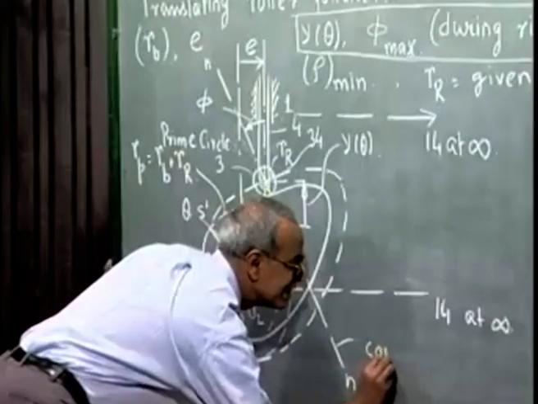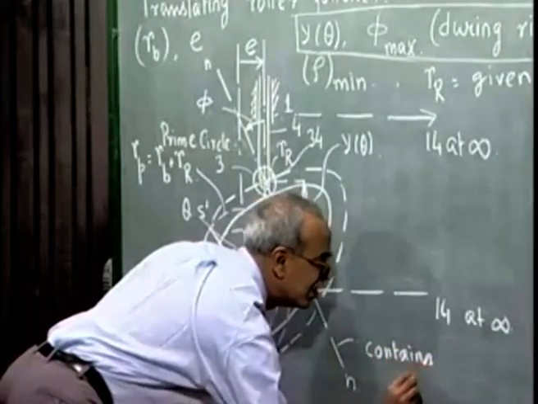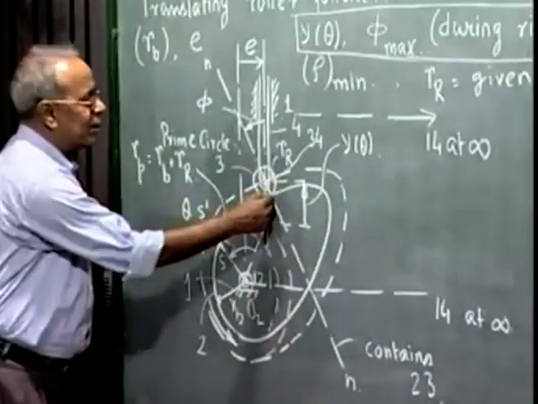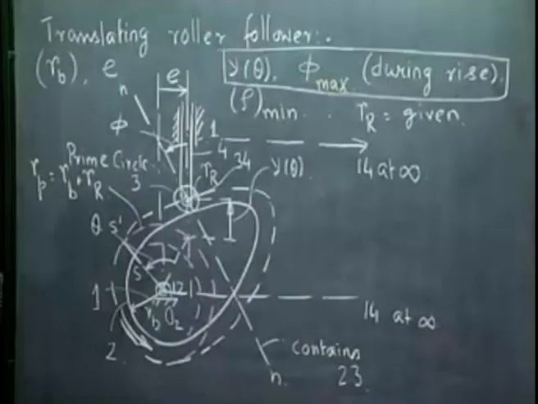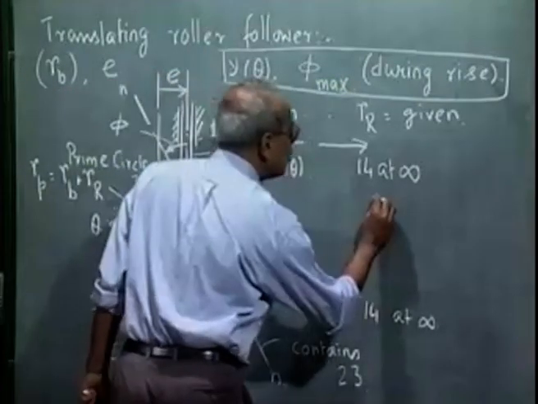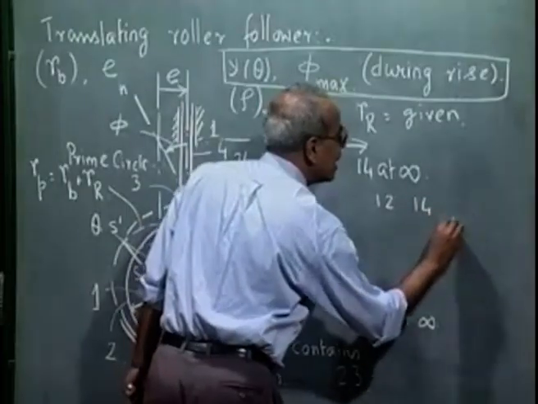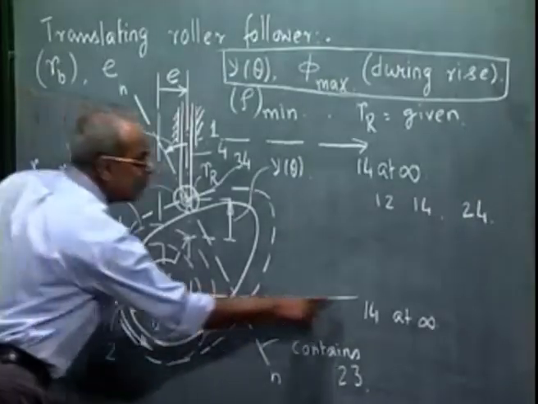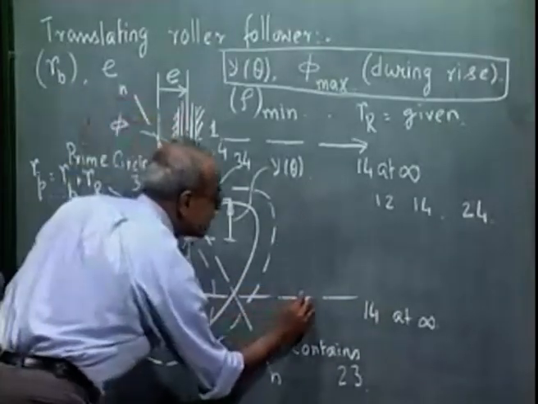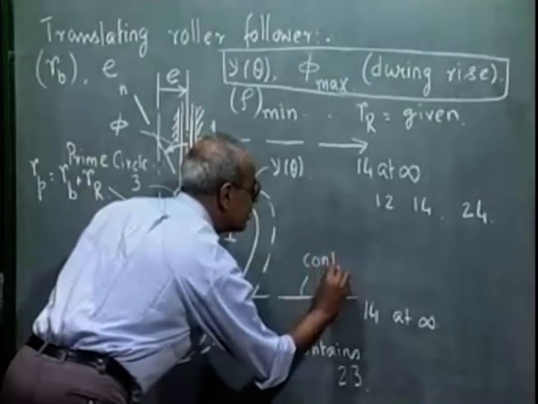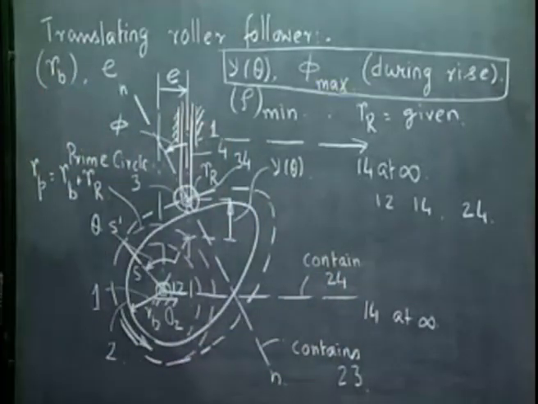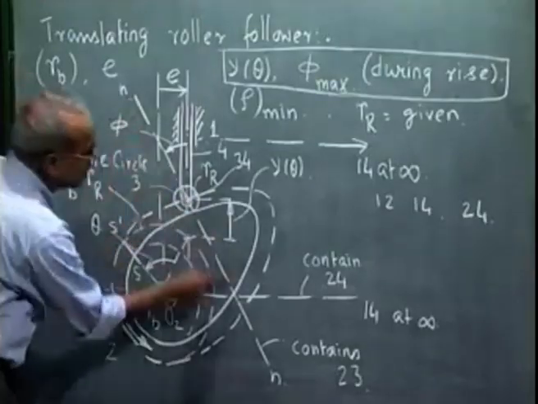This contains 2, 3. Where exactly it will be located on this line NN will depend on the amount of slip that is taking place. But now let me apply the Aronhold-Kennedy theorem: 1, 2, 1, 4 and 2, 4 must be collinear. This is 1, 2 and 1, 4 lies on this line at infinity, so this line must contain 2, 4. This is 3, 4 and 2, 3 is contained on this line.